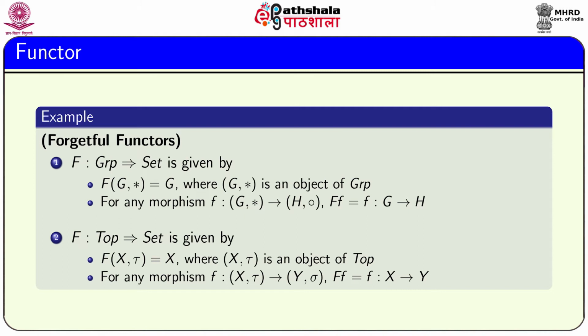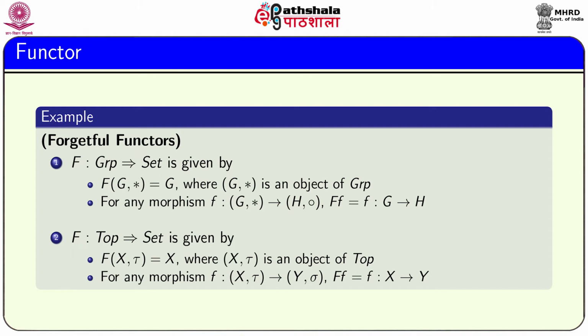So, when we are starting with a homomorphism from a group to a group, that homomorphism is actually a function which preserves the group structure. So, the functor forgets the extra condition of preserving the group structure and gives us back the same f as a mapping inside the category Set.